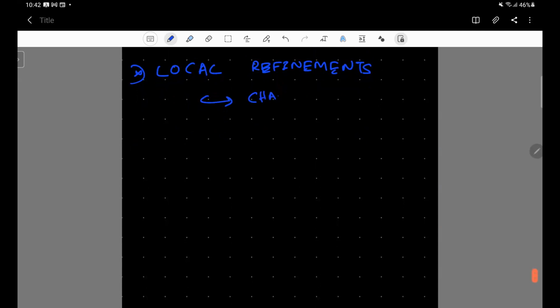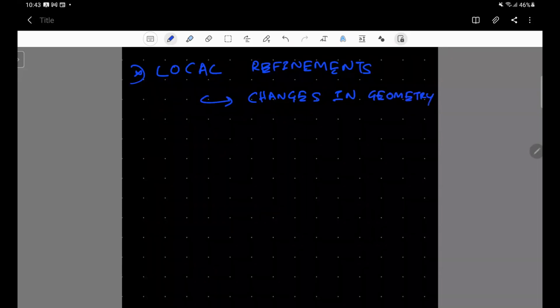changes in the geometry. When I mean changes, I mean drastic changes in geometry. The term drastic depends on the type of the model, of course, that you are trying to tackle.